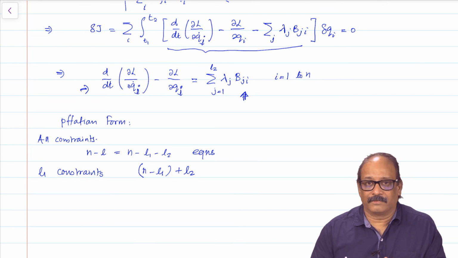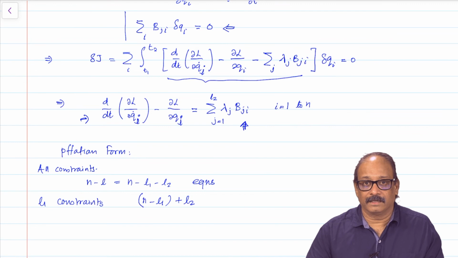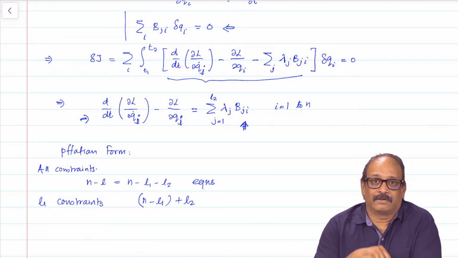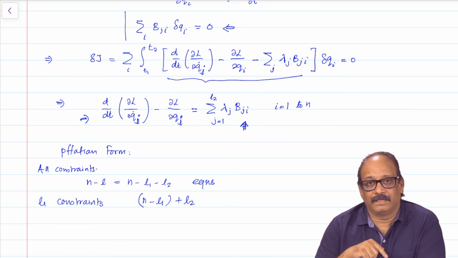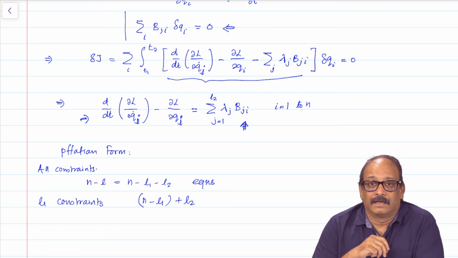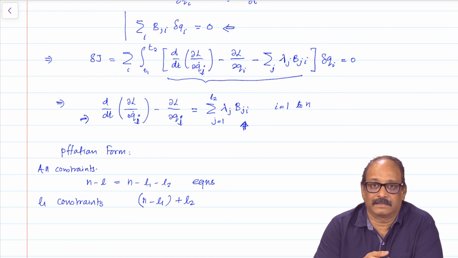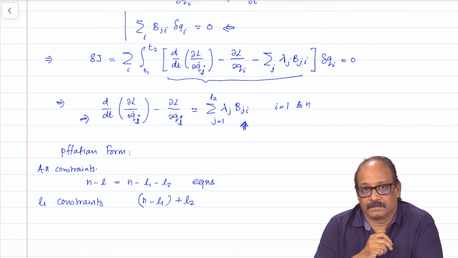So, this is a very elegant way of actually incorporating non-holonomic constraints, but remember, these non-holonomic constraints are not in the general form, but only in Pfaffian form. If you want to know how you can take care of a more general set of non-holonomic constraints, Goldstein's book actually mentions this.